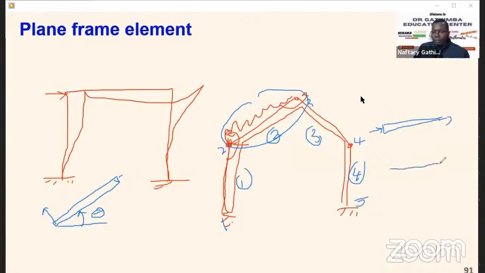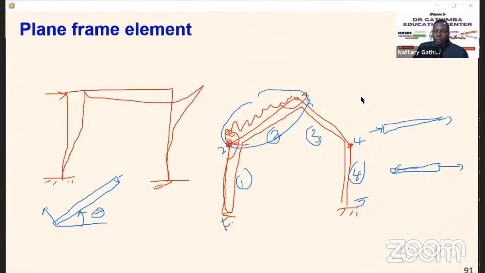For the beam element, during the analysis we considered the local coordinate system coinciding with the global coordinate system, with beams oriented in the horizontal x direction. So we did not talk about transformation. When we come to the frame, we are extending the beam to be oriented at an arbitrary angle from the horizontal x direction.